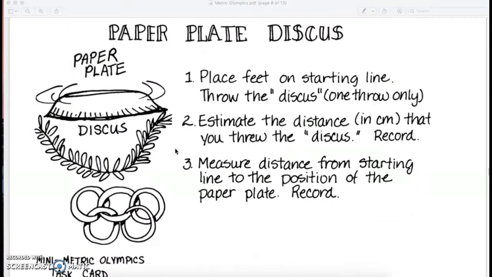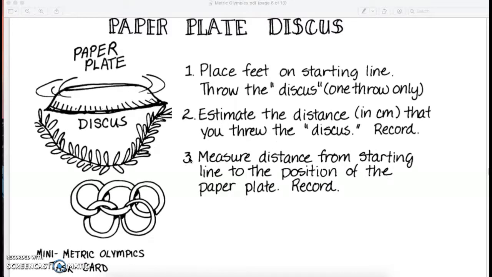Okay, here's the next one. Again, you place your feet at a starting line and you throw the discus. So you throw the paper plate and you do it once. Then you estimate the distance in centimeters that you think it went. You write the estimate, then you write what it actually went. Again, you'd go up and you would record that on your recording sheet, and then you'd find the difference between the two.